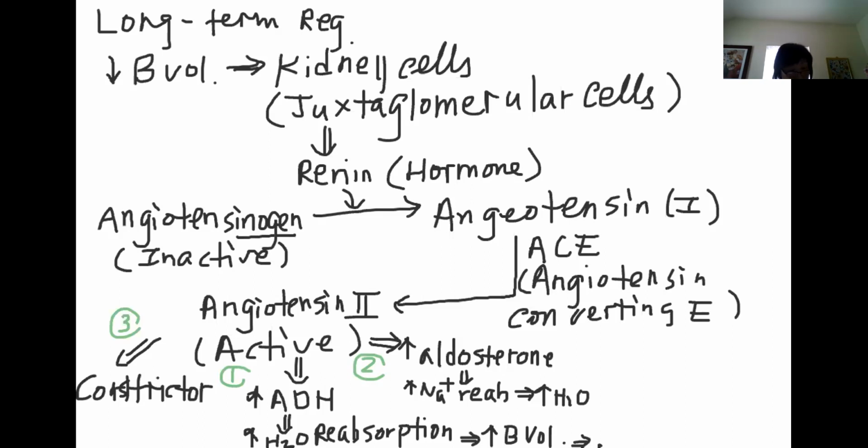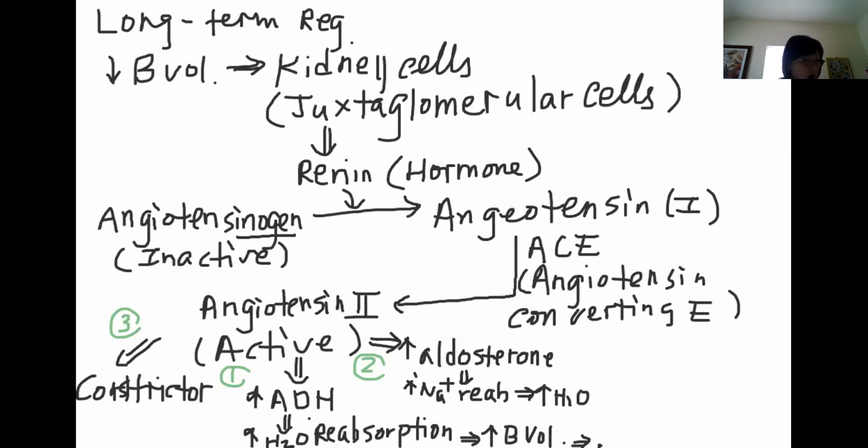By increasing the amount of angiotensin 2, you can increase two hormone releases. One is antidiuretic hormone, another one is aldosterone. Both of them, the end effect is to reabsorb more water through the kidneys to increase blood volume. Once blood volume increases, blood pressure increases.